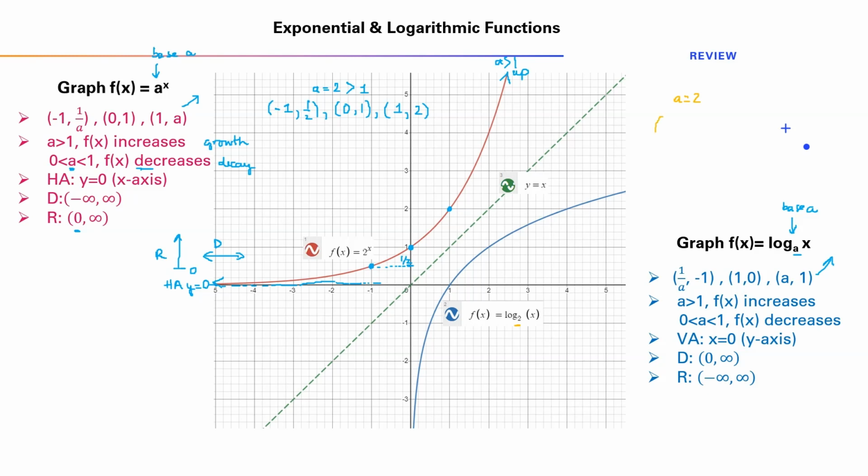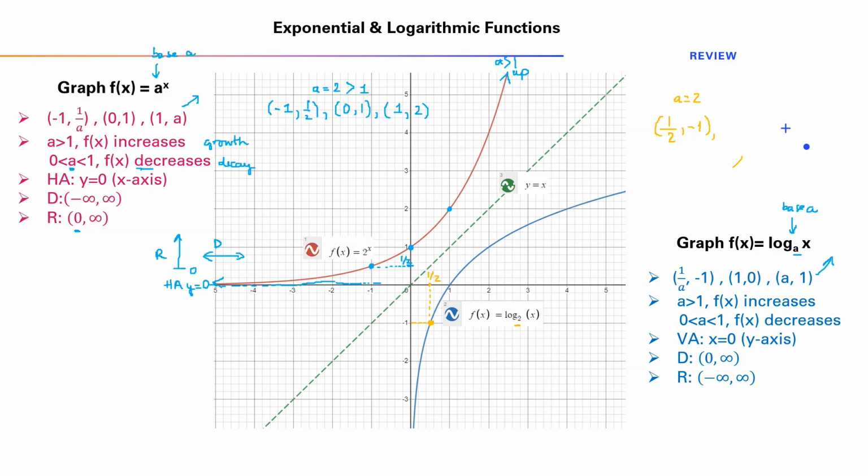The point 1 over a, which is 1 over 2, comma -1, is right here on the graph.